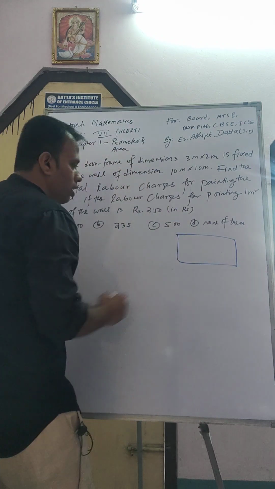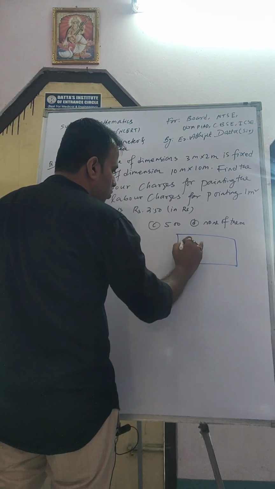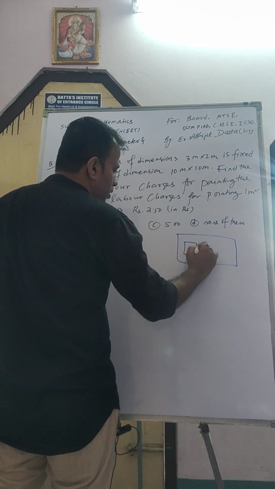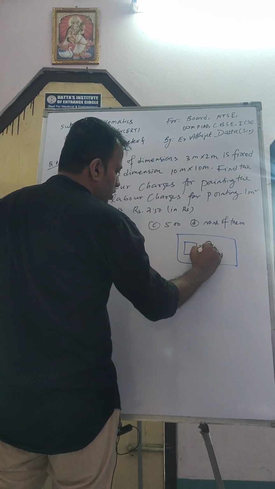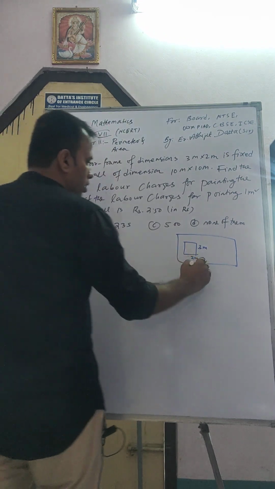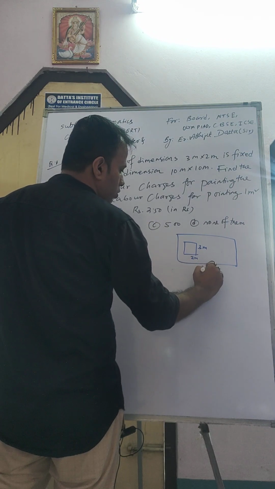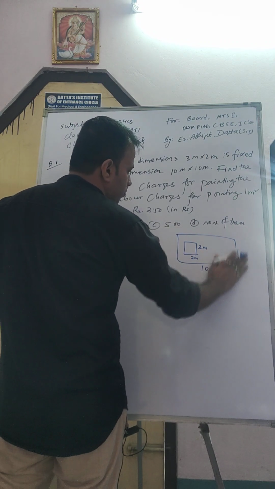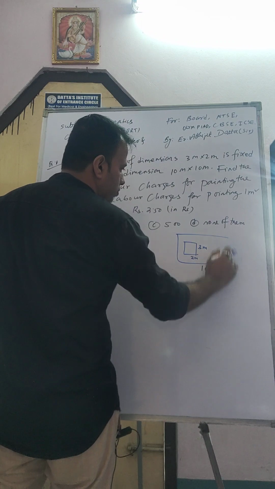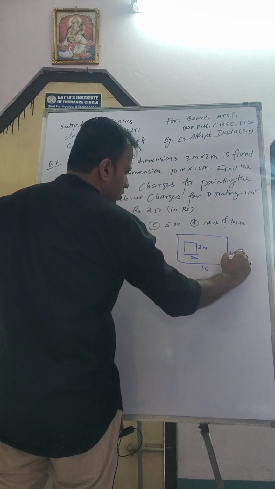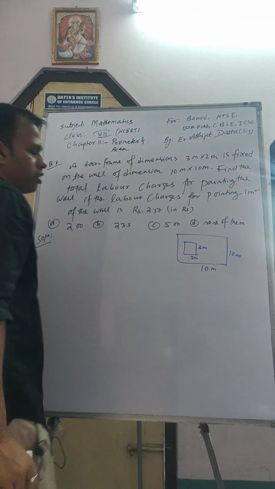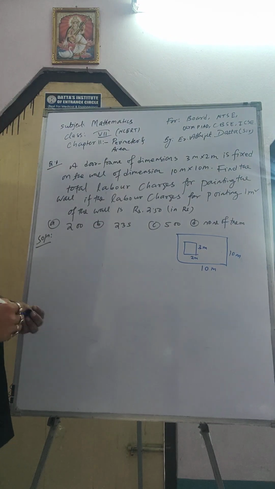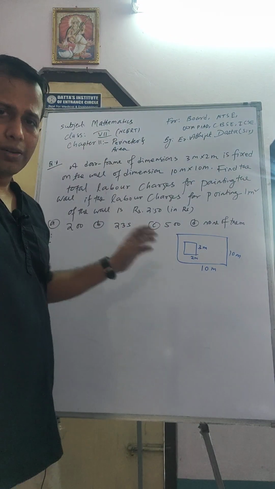This one is the wall, and suppose this one is a door here, and the dimension of the door is 3 meter by 2 meter, and the dimension of the wall is 10 meter by 10 meter. Now we have to find out the cost of painting, that is the labor cost.